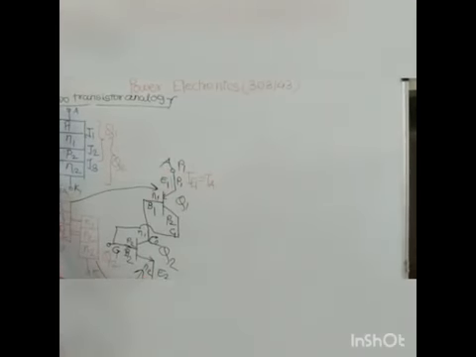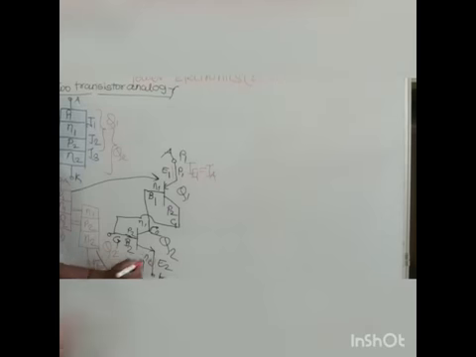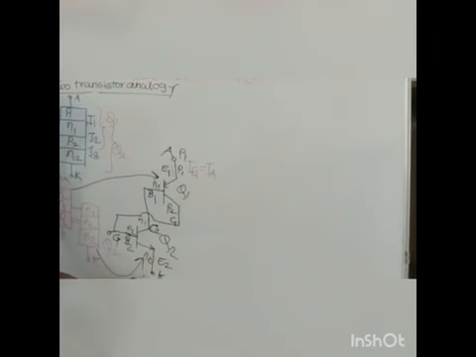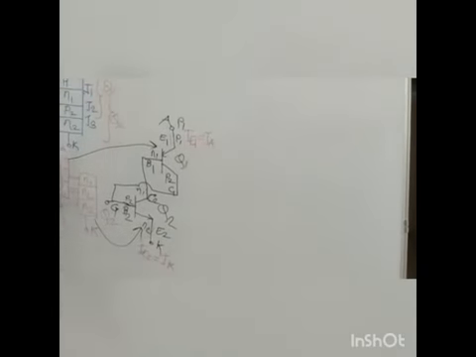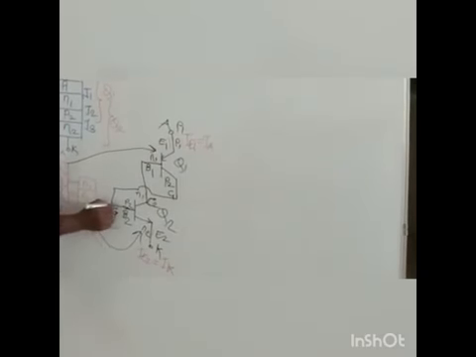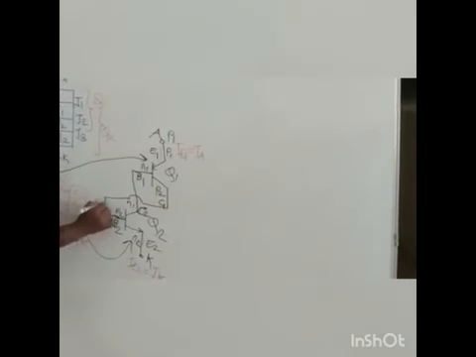Now see here, current flowing through this terminal is IE2, and it is also called IK. Now current flowing through this terminal is IG.